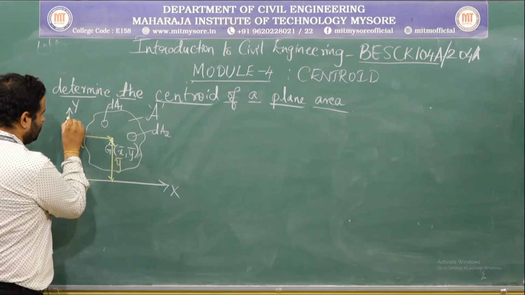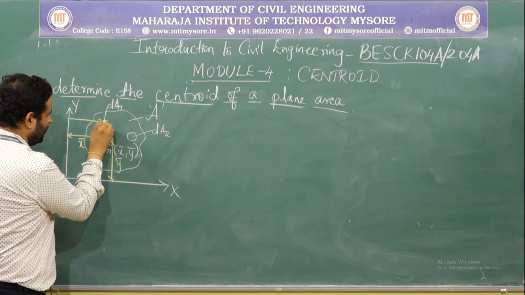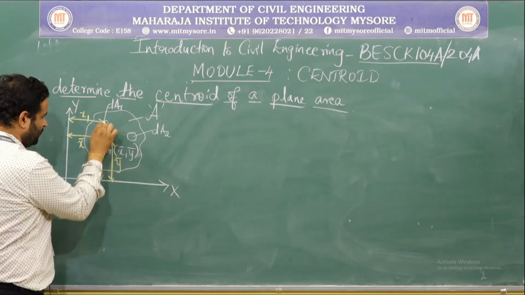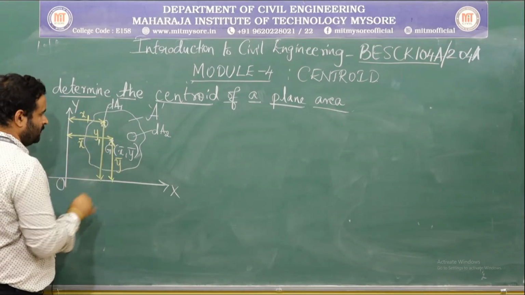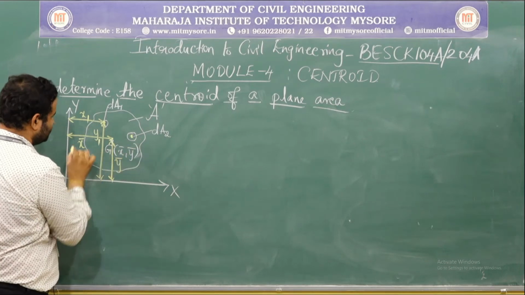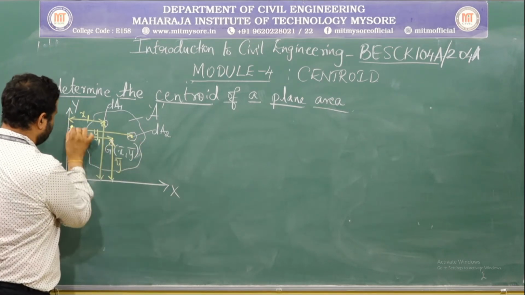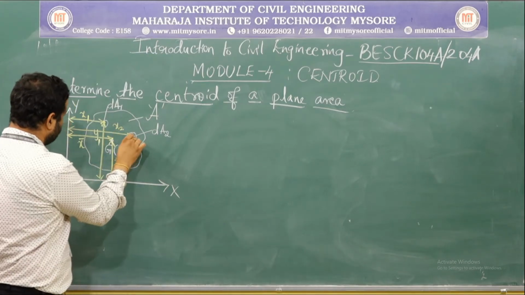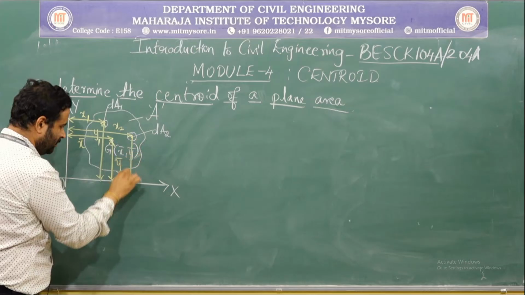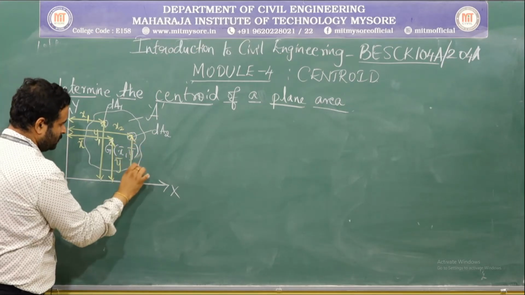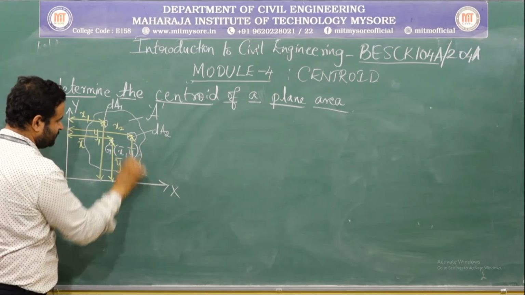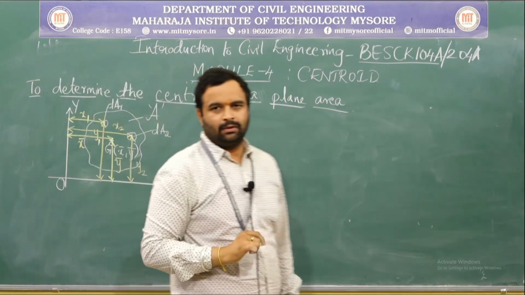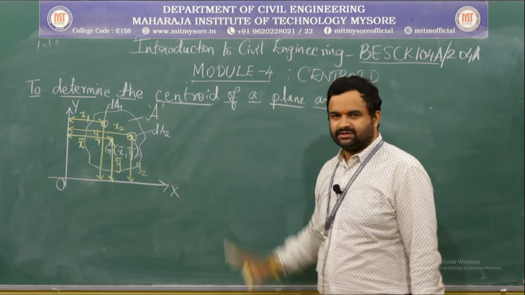Plot it and you can write x1 and y1. Similarly, the centroid of this second area is marked as x2 with respect to the y axis, and this will be y2 with respect to the x axis. I hope you have understood this.